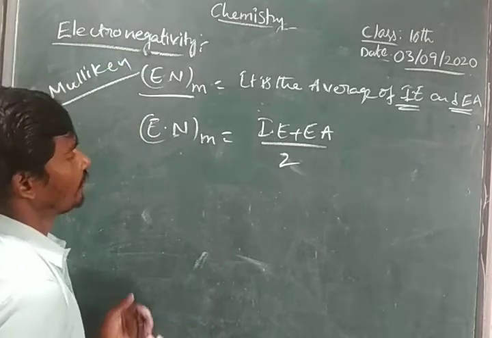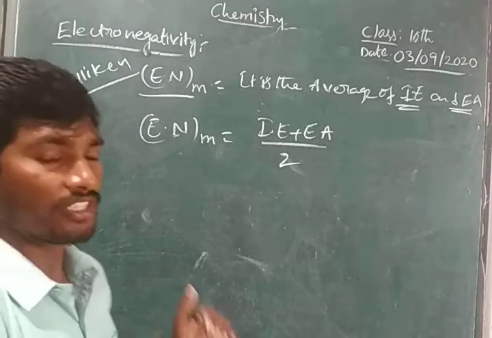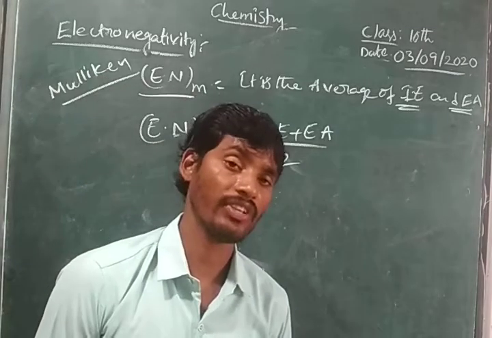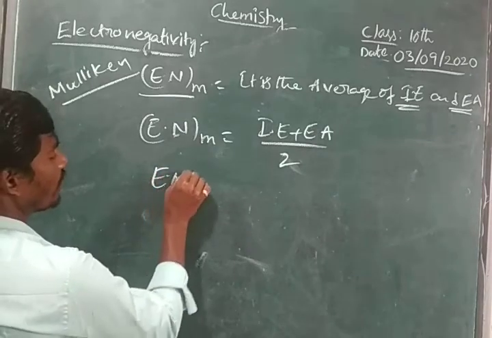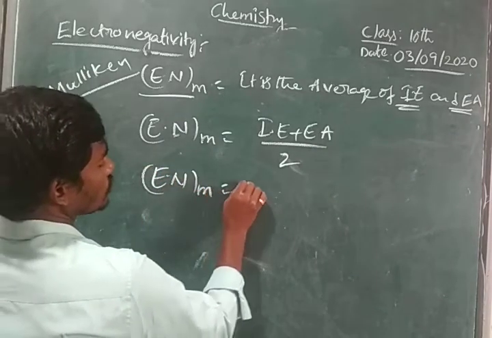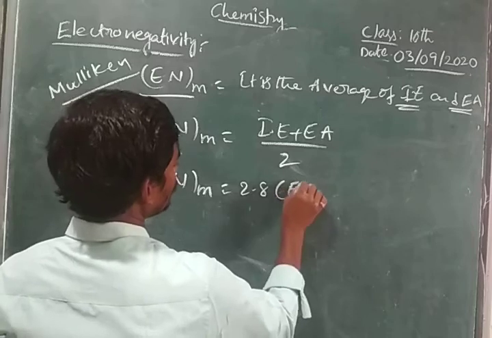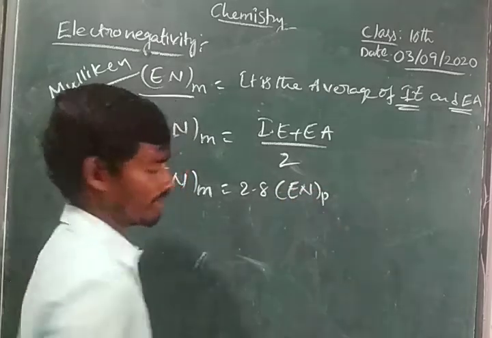Now the relation between the Pauling scale and the Millikan scale: electronegativity on the Millikan scale equals 2.8 times electronegativity on the Pauling scale.